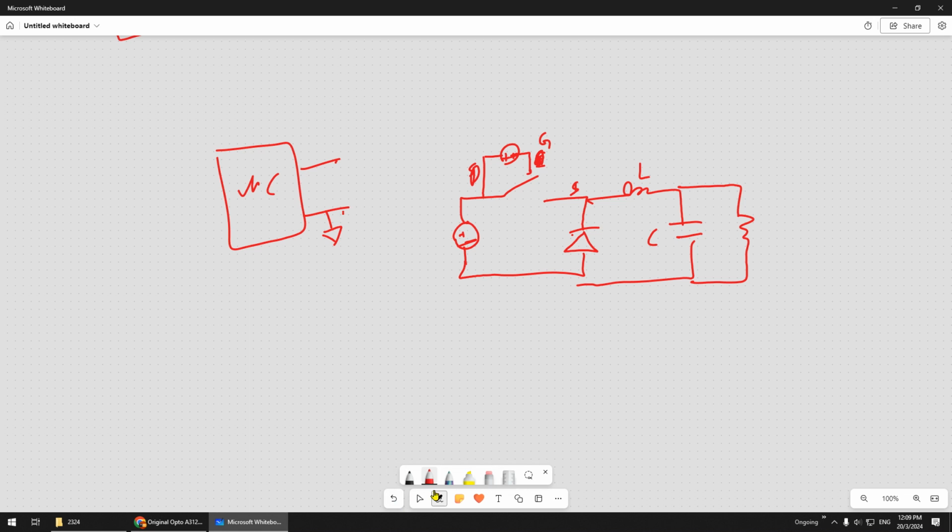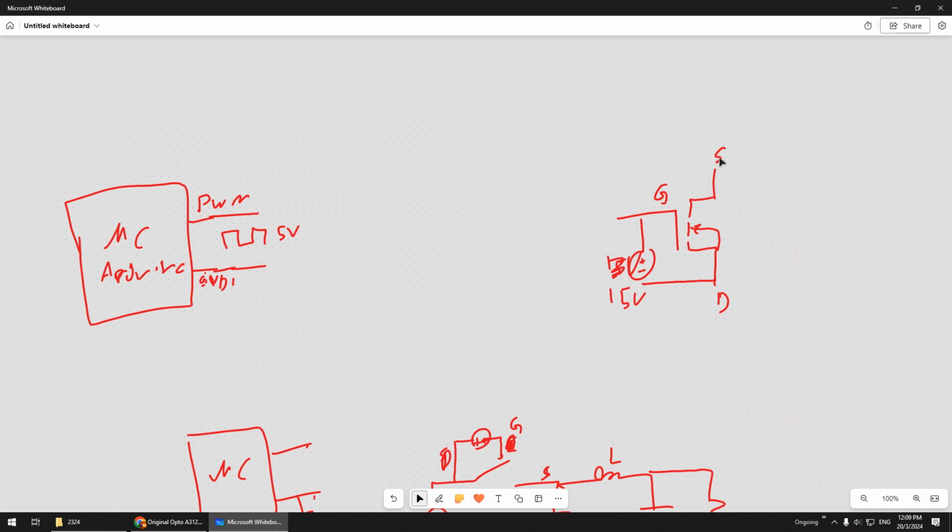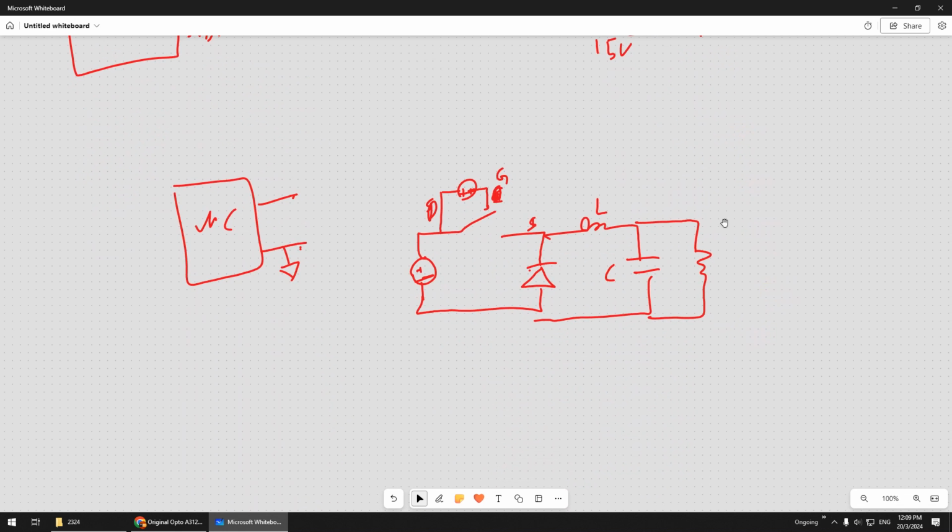I think I flipped the top one. So drain, source. So this one is considered as this ground. Okay, the same one. We just transfer it to here.